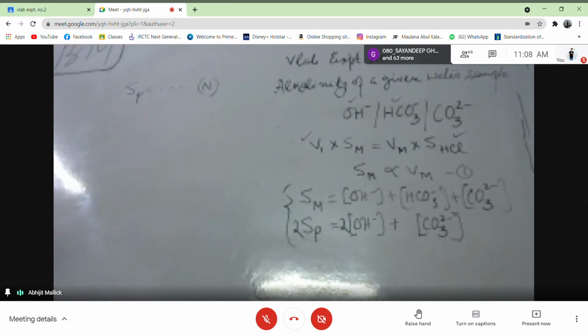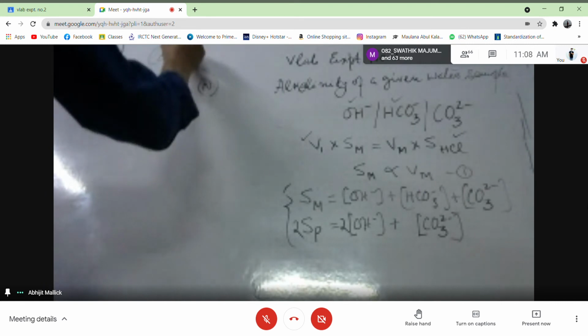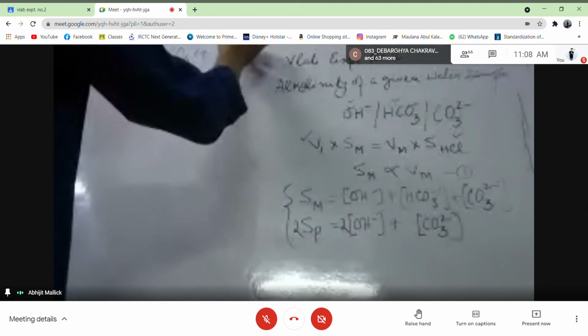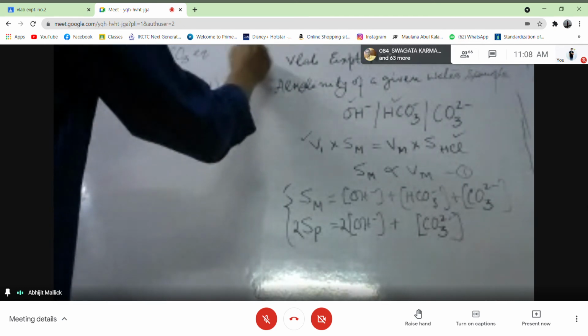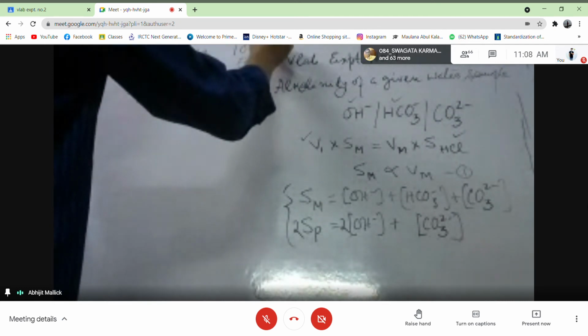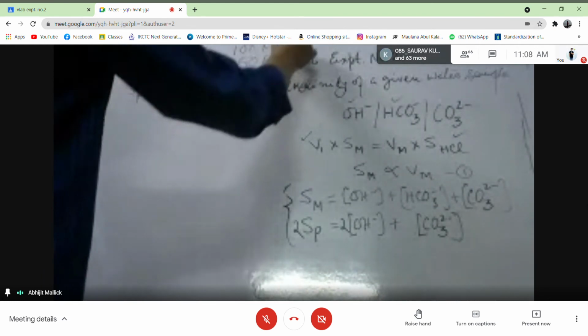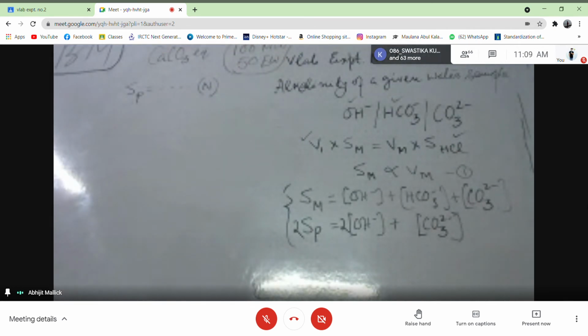Generally, alkalinity is expressed in terms of CaCO3 equivalent because the molecular weight of CaCO3 is 100 and the equivalent weight is 50, a unique feature. This is molecular weight, and this is equivalent weight. So generally alkalinity is expressed in terms of CaCO3 equivalent.